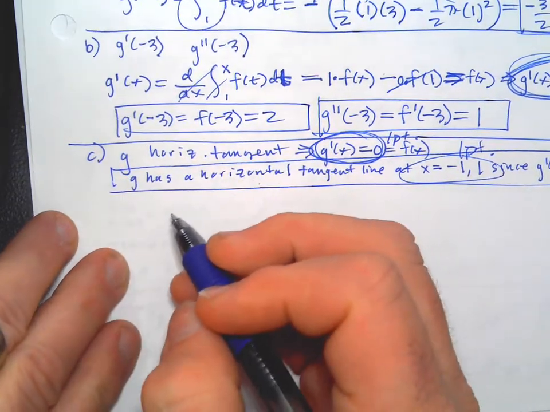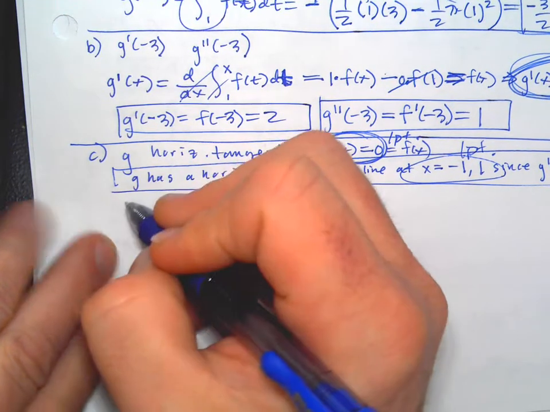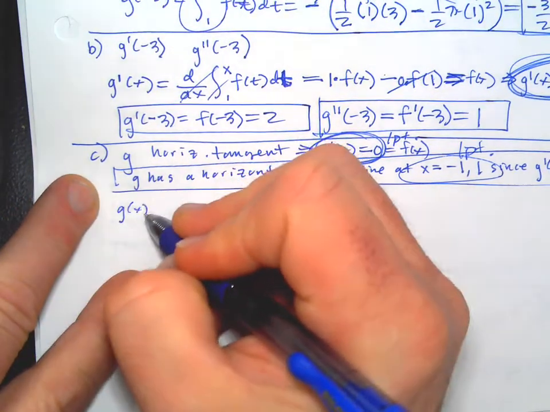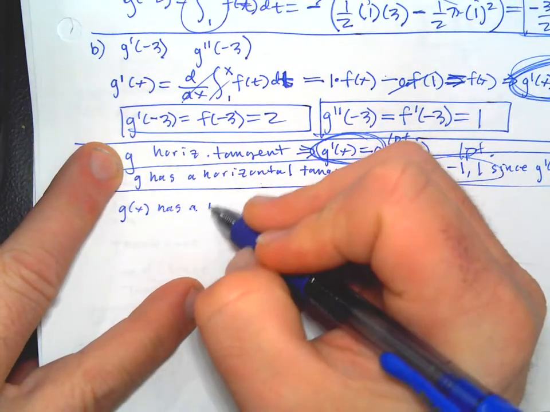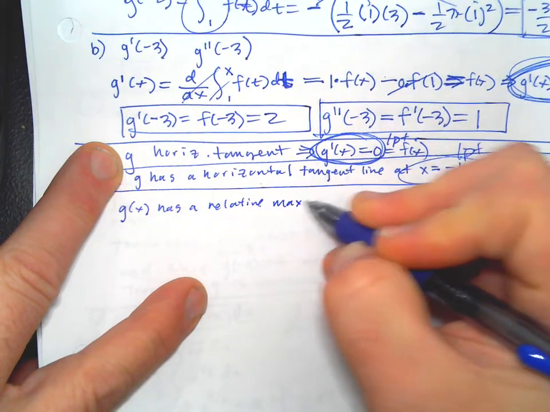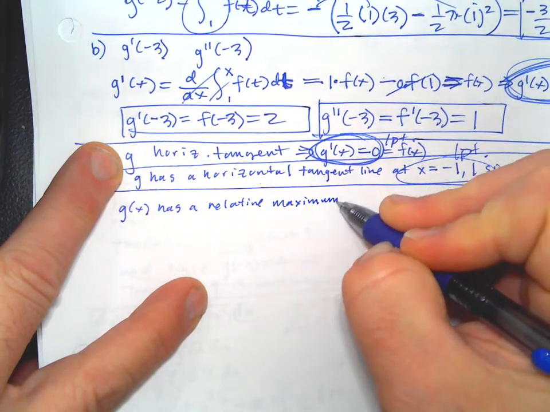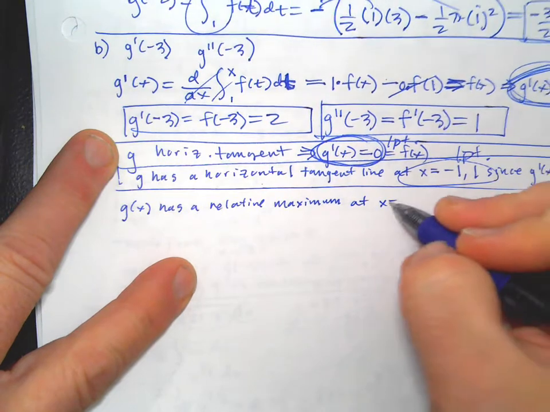So we're going to say, let's see, G has a relative maximum at x equals -1.